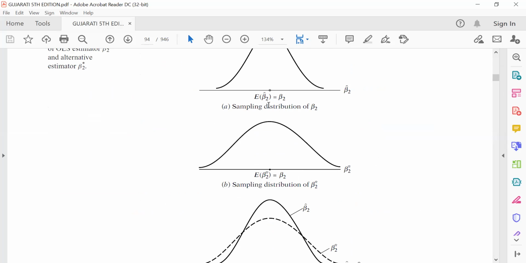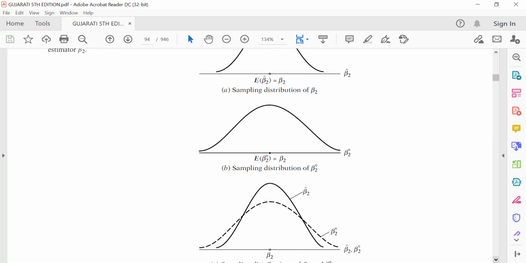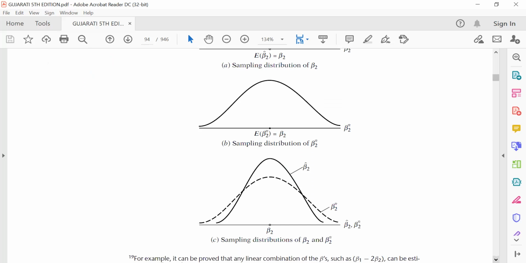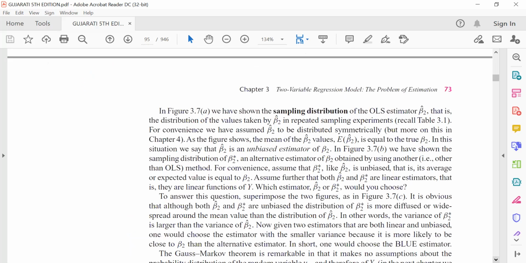But A has a smaller variance, because the difference between the mean and the actual value is smaller than in B. Panel B has a bigger variance. So A is better than B. This means A is the best estimator in the class.